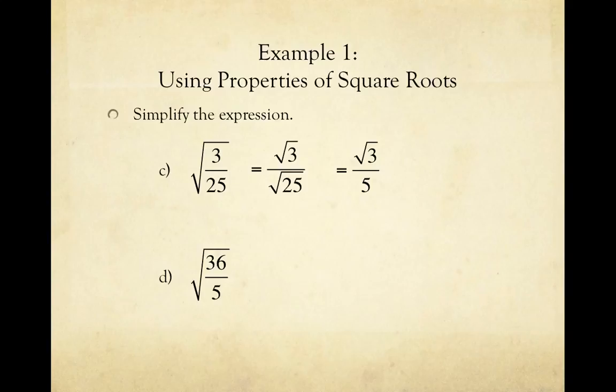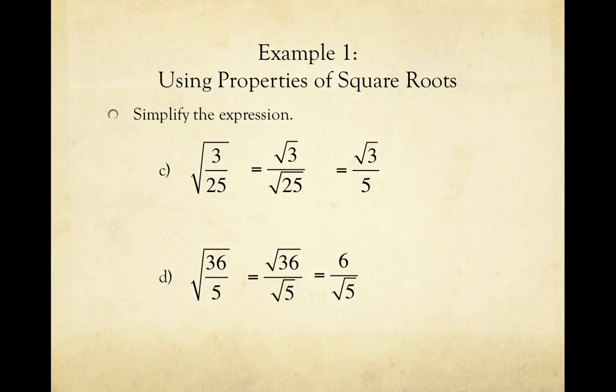Now if we do the same thing with the square root of 36 over 5, and we split them up into the square root of 36 over the square root of 5, we can simplify the square root of 36 to get 6. But that does not take care of the fact that we have a radical in the denominator. So now we need to go through the process of rationalizing the denominator. To do this, we need to think, what can I multiply the square root of 5 by so that I end up with a perfect square that I can then take the square root of?